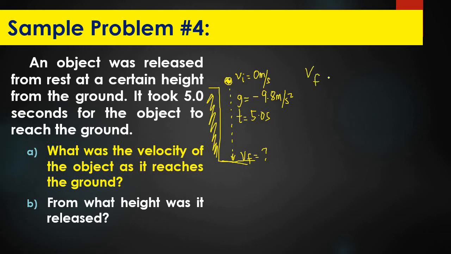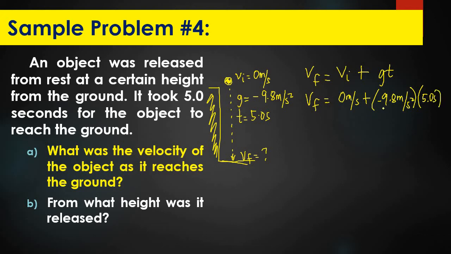So Vf is equal to Vi plus gt. Substituting, Vf is equal to Vi, 0 meters per second, plus negative 9.8 meters per second squared times time, 5.0 seconds.